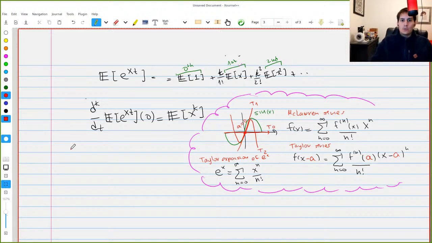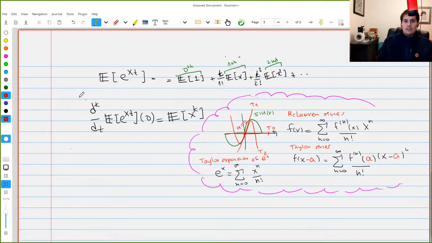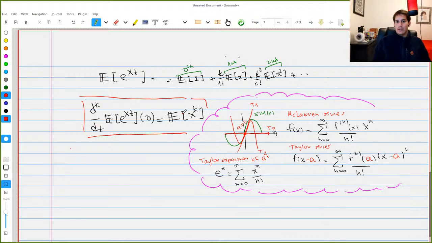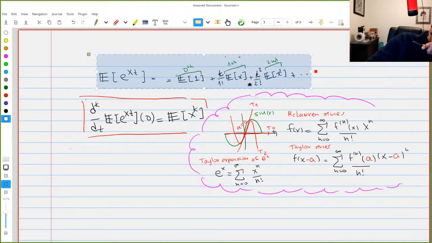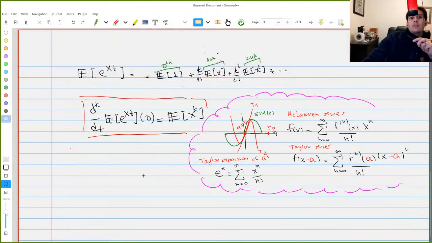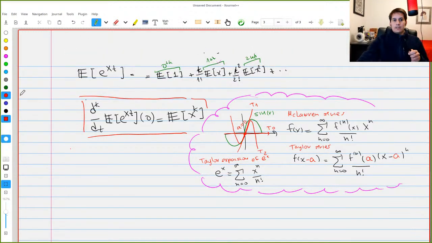So this is why this is called the moment generator function, because you can generate all the moments by evaluating this function. Okay, so that's one thing.